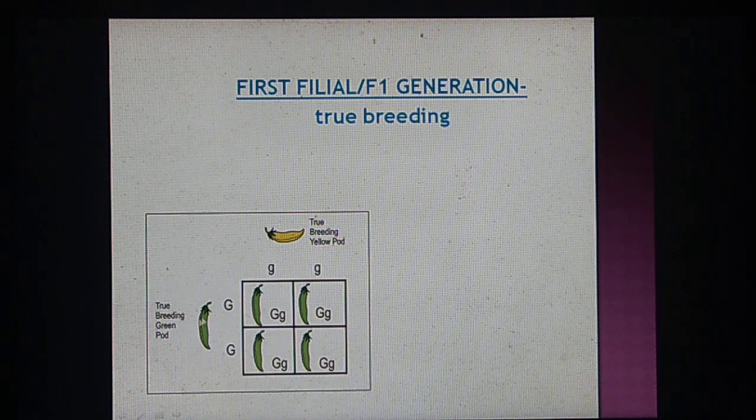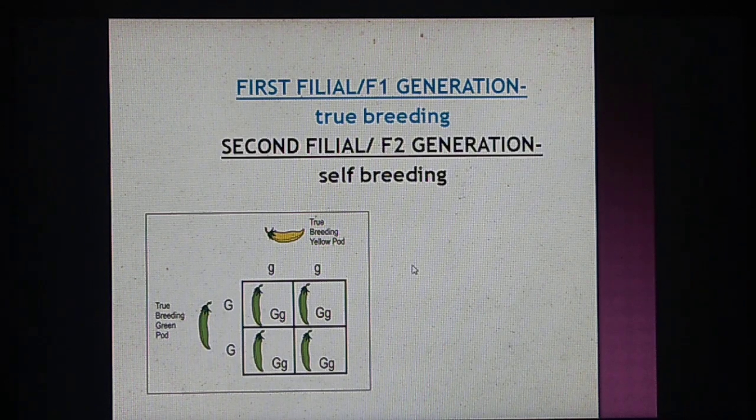You can see here one of the examples which we have taken, that is true breed yellow pod and true breed green pod. When they are crossed together, we get all hybrid varieties in the F1 generation. So, the hybrids are produced in the F1 generation by crossing the true or pure line parents. So, that is about the first filial generation.